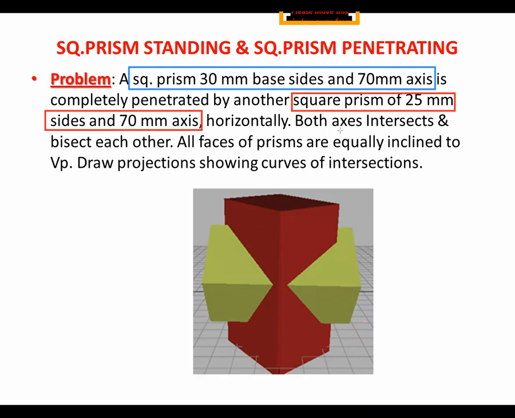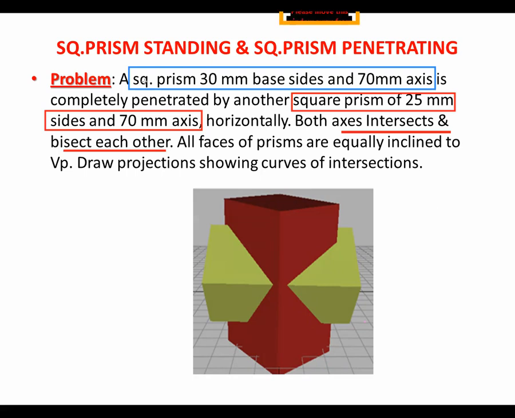Both axes intersect and bisect each other. All faces of the prism are equally inclined to the vertical plane, that is VP. And the question is: draw projections showing the curves of intersection.